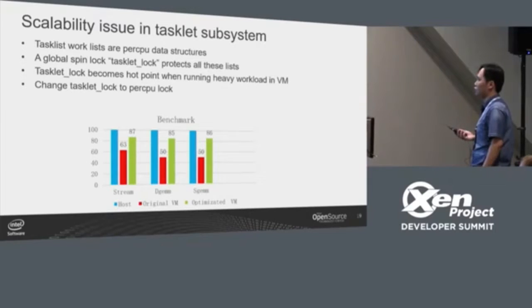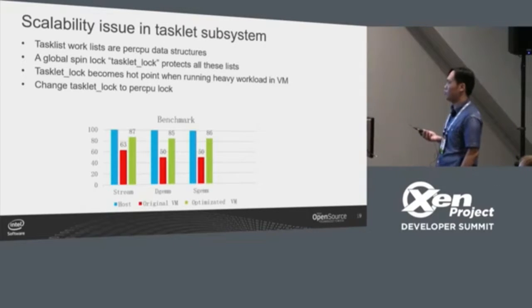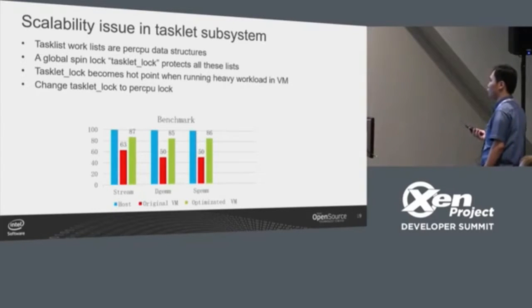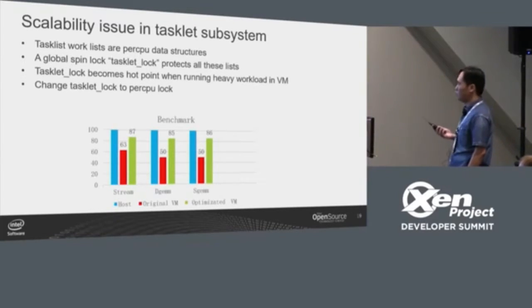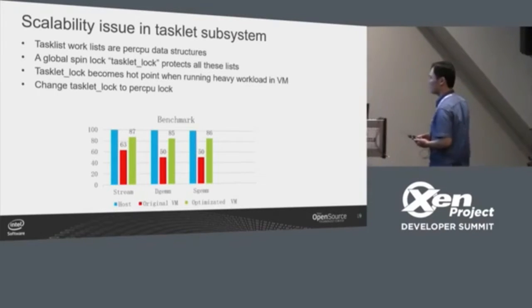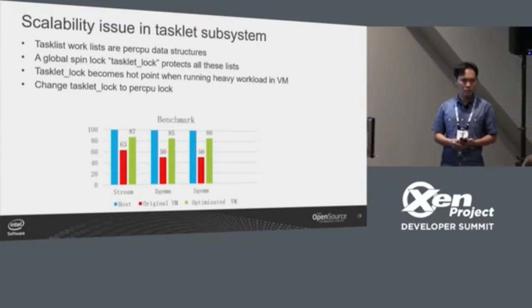After this change, the Stream data increased from 63% to 87%. And the DGEMM and SGEMM data increased from 15% to about 85% compared with the data on the host. DGEMM is a matrix calculation benchmark, right?